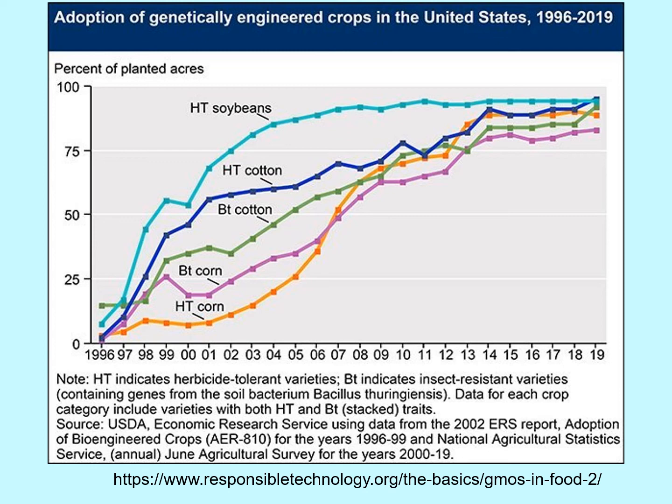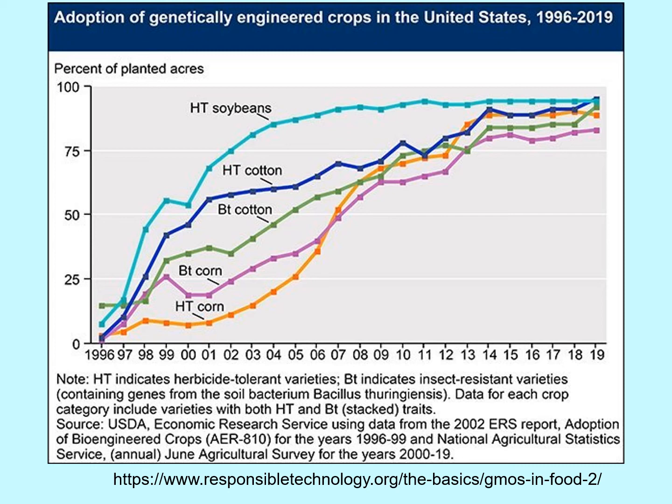This chart is a little bit more recent. It goes up through 2019, showing from 1996 to 2019 the amount of acres or percent of planted acres devoted to either herbicide tolerant soybeans, cotton, or corn, or Bacillus thuringiensis infected soybeans, cotton, or corn.